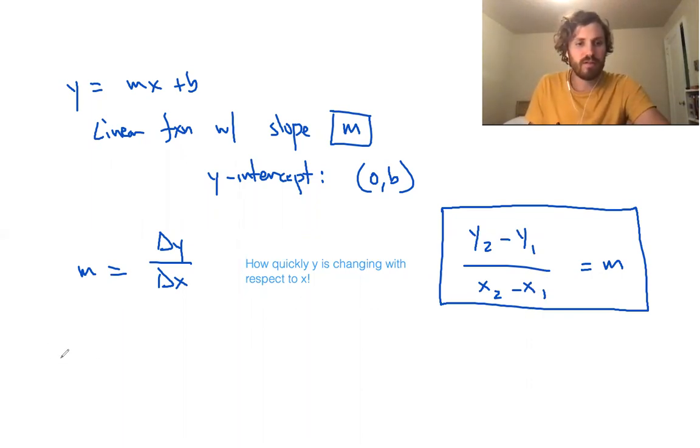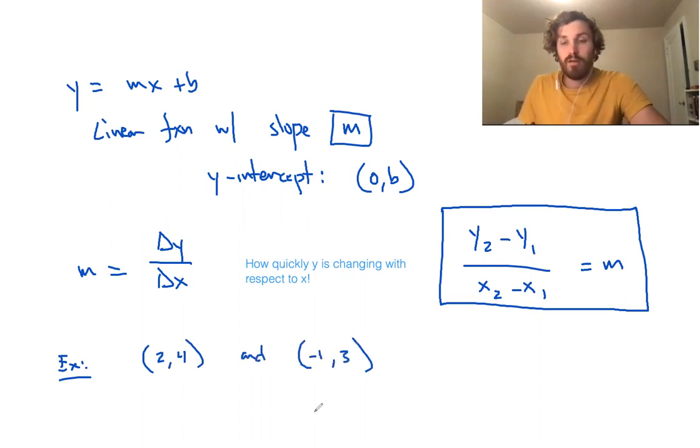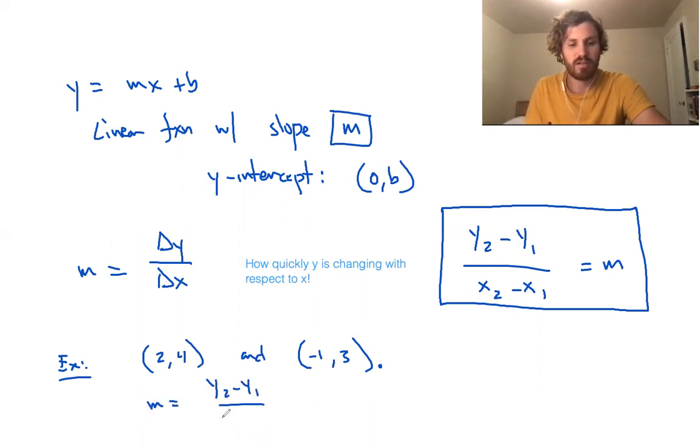Okay. So for instance, as a quick example here, let's say you had the 2 points, (2, 4), and let's say (-1, 3). So if you wanted to find the equation between these 2 points, you could first find the slope, which is change in y over change in x.